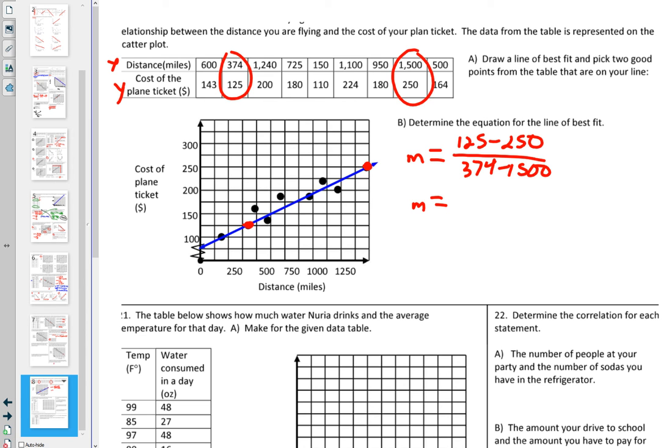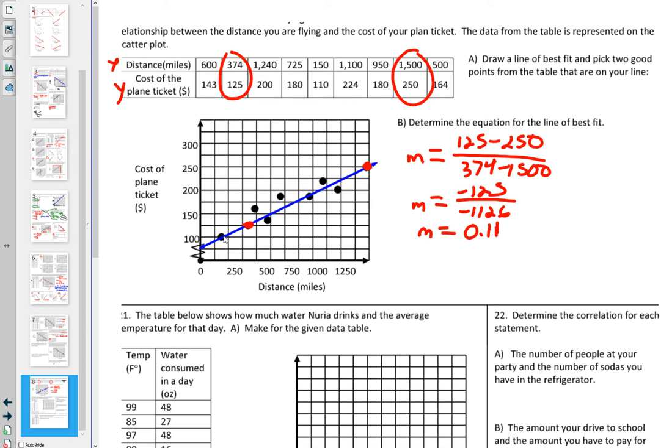Should I expect to get a positive or a negative for the slope? Look at the line. Is that a positive slope or a negative slope? Positive. So I'm getting a negative 125 over negative 1126. So the slope I'm getting is right around 0.11, but I'm rounding. It depends on where you round, that determines what you would get.